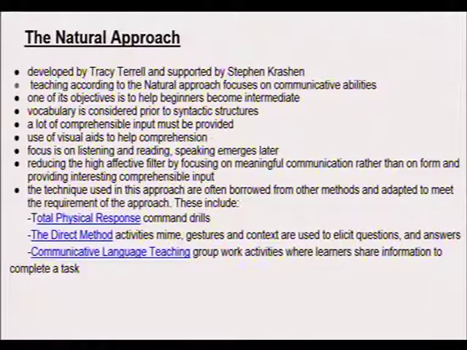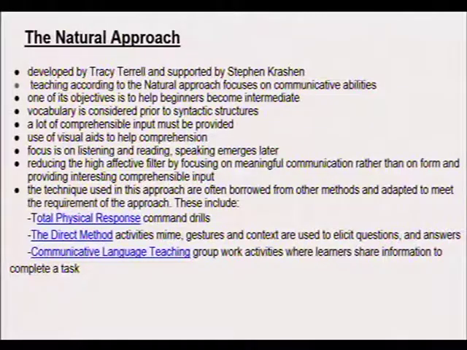The teaching according to the natural approach focuses on communicative abilities. One of its objectives is to help beginners become intermediate, meaning that they won't stay beginners, that they will actually progress to the next level. Vocabulary is considered prior to syntactic structures. A lot of comprehensible input must be provided, meaning understandable work.